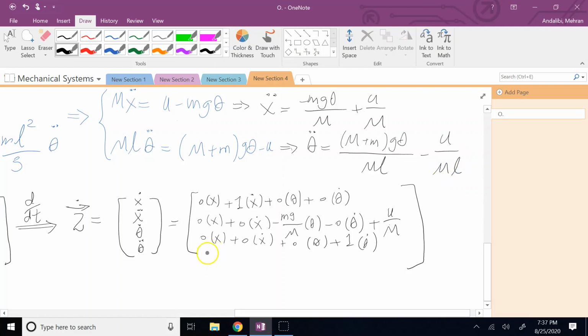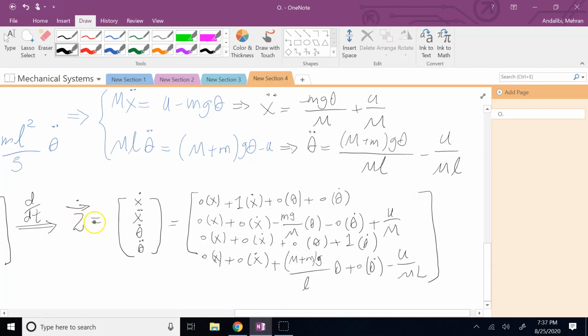So I write that down here. There is no x in it. There is no x dot in that equation. There is a theta term. There is no theta dot in it. And there is a u term in it. So this is z dot.